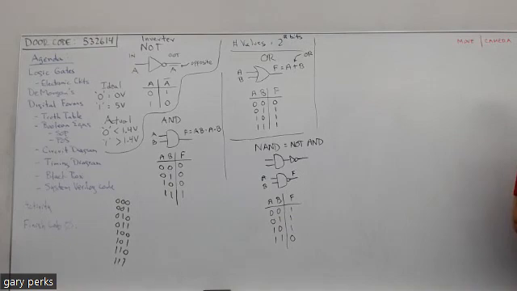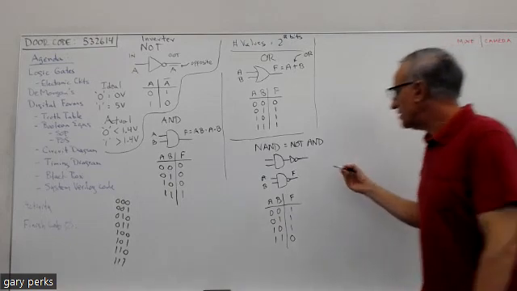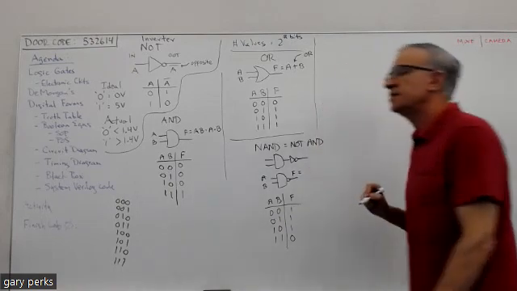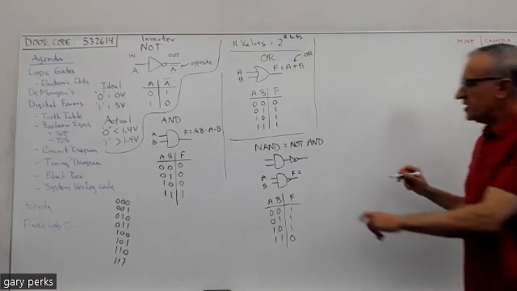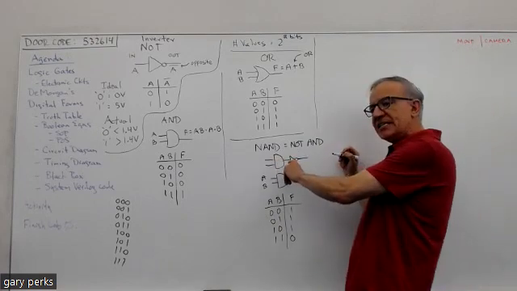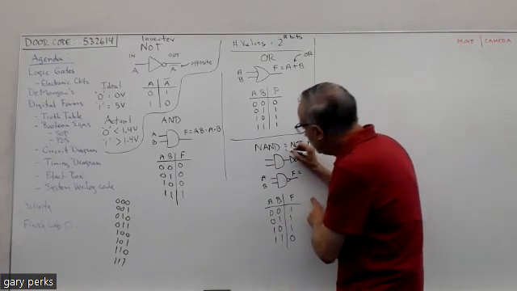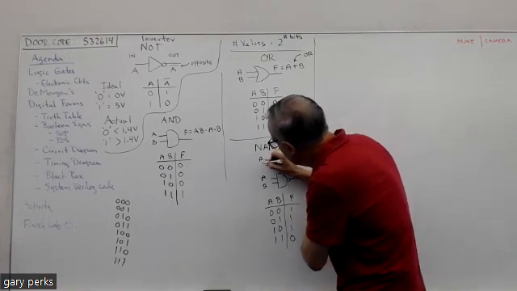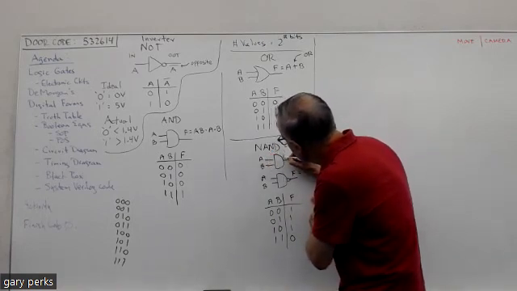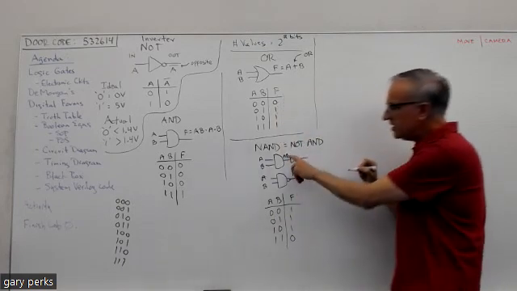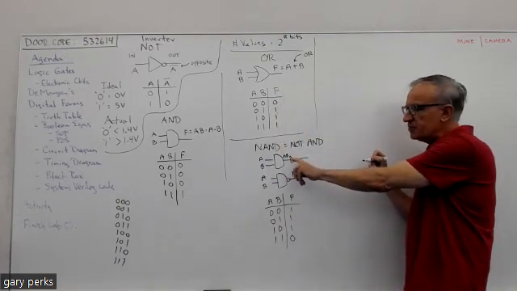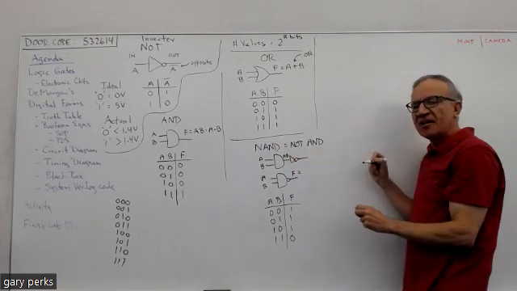That makes sense? Now, the Boolean algebra for a NAND is that since we're ANDing and then inverting, well, as we said earlier, the Boolean algebra for the AND is going to just be the AB with a space, or you can put a dot there.